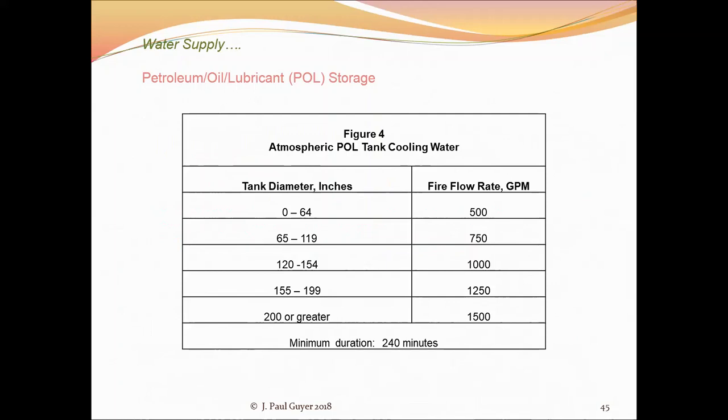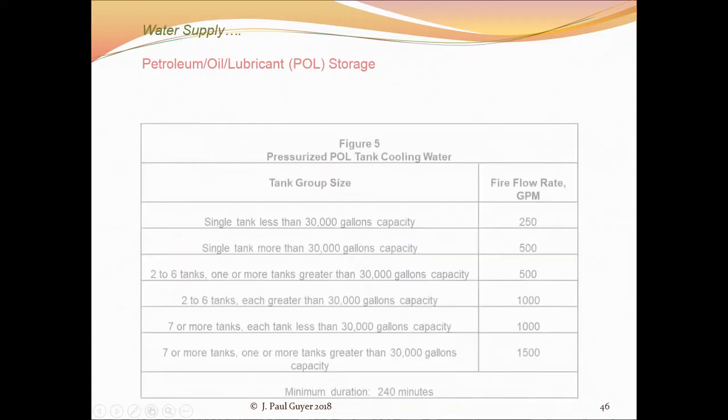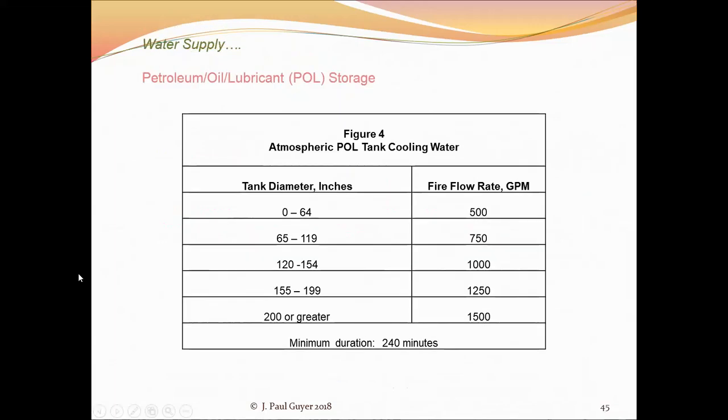And it's based simply on the diameter of the tank. So if the diameter of the fuel storage tank is less than 64 inches, the fire flow rate required is 500 GPM. No way to calculate that theoretically.